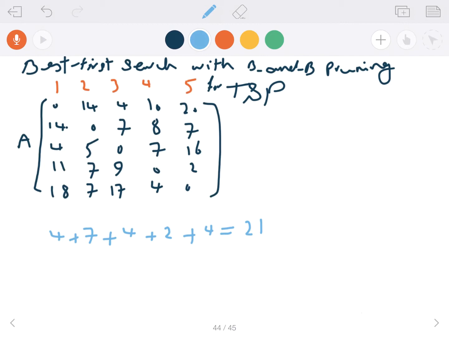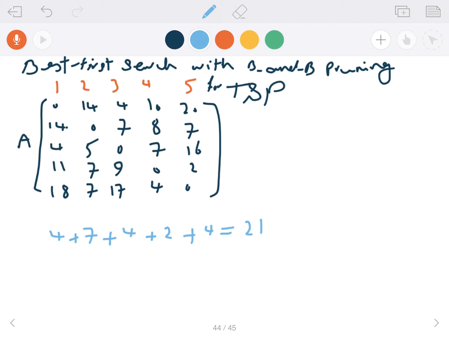But keep in mind that it doesn't mean that we found the shortest path and solved the TSP. This is the bound. It means we cannot find another path that is less than this 21, because we just summed up the minimum path from every node to any other node: from node 1 to any other node, from node 2 to any other node, and so on.